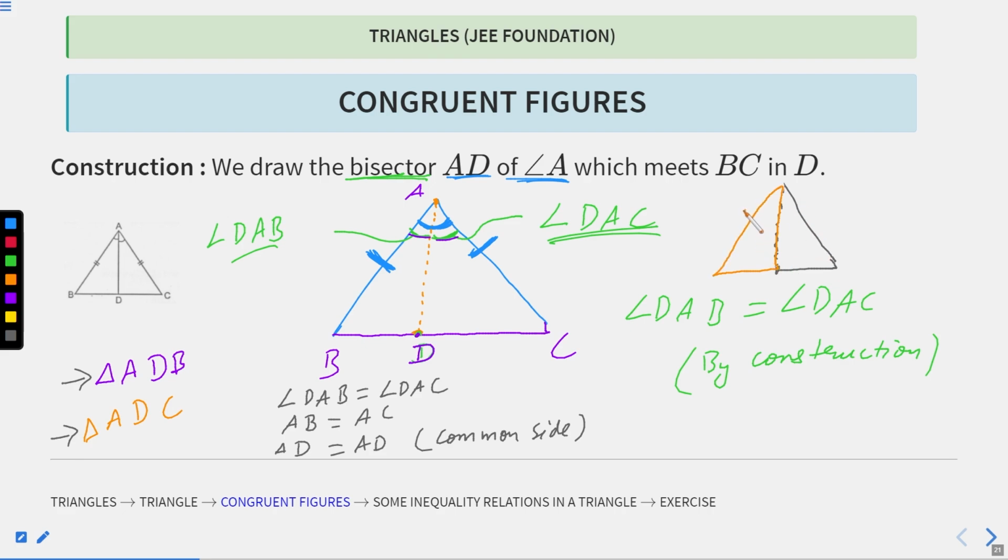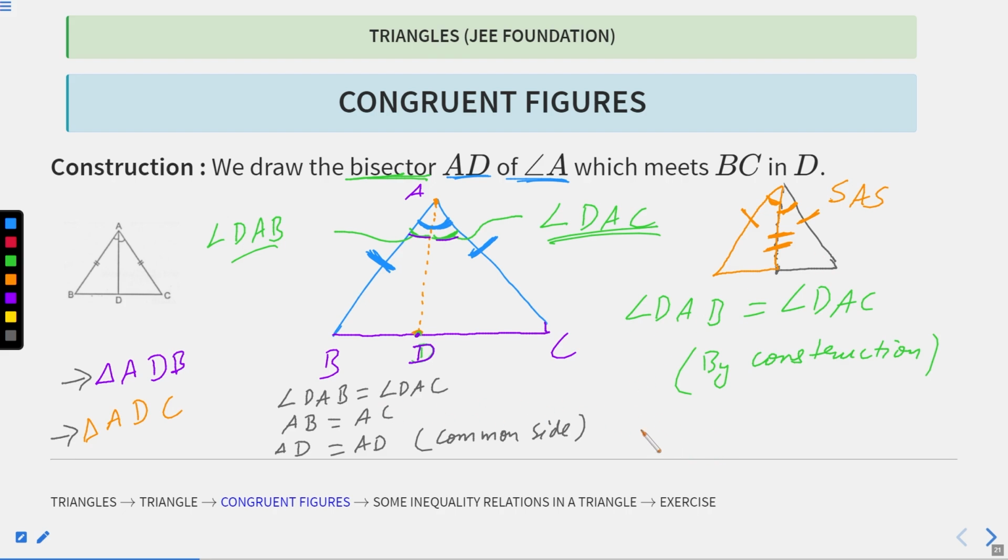We know the orange triangle's side is the same as the black triangle's side, this angle is equal to this angle, and this is the common side. So I am using the side-angle-side condition to say that the orange triangle is congruent to the black triangle.